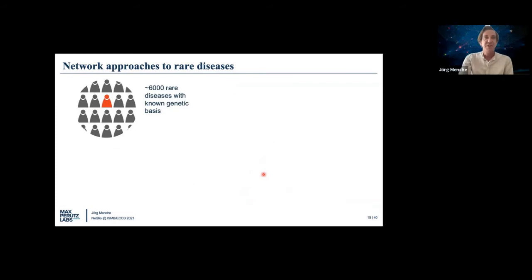So just a brief introduction, there are some 6,000-ish rare diseases that have a known, well understood genetic basis, and typically these would be mutations in a single gene.